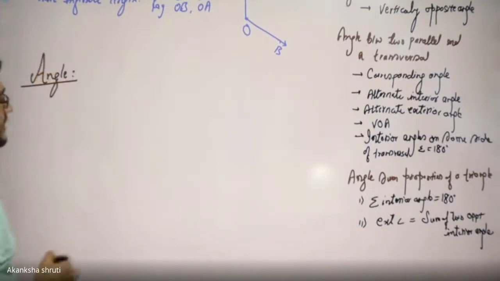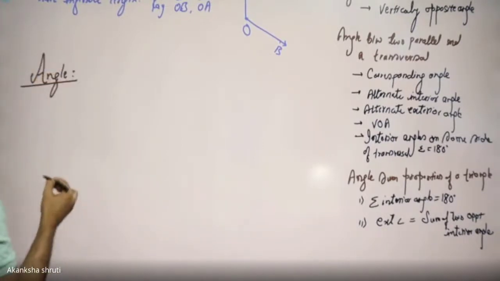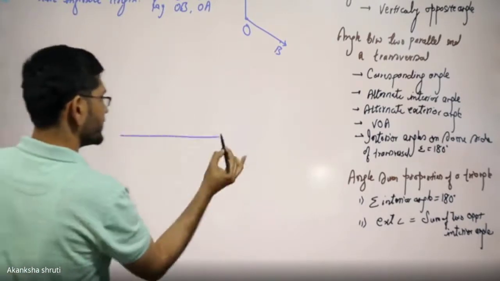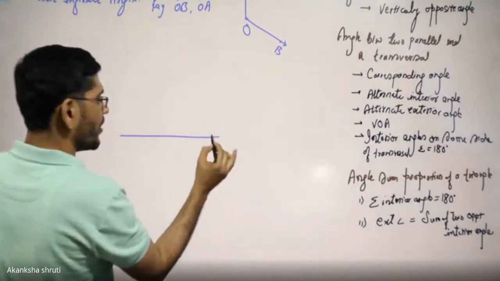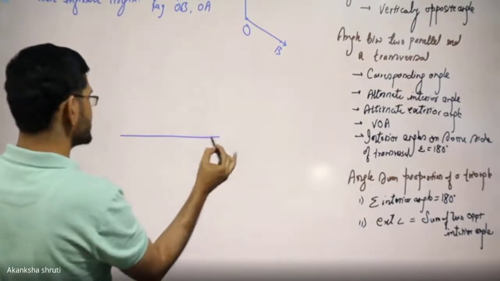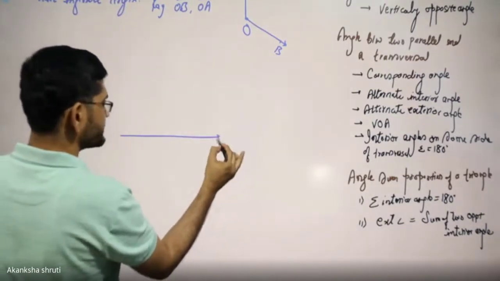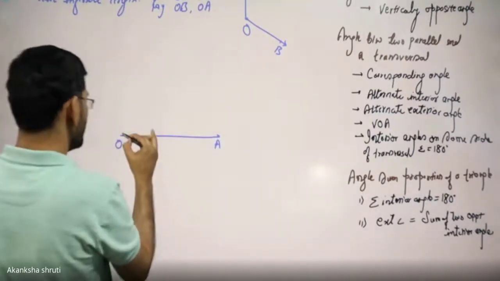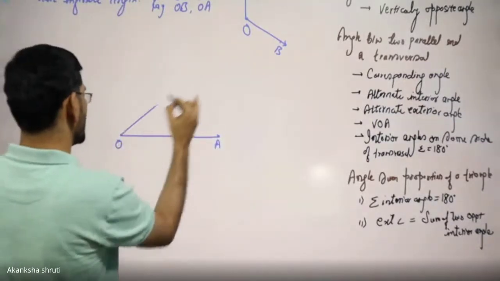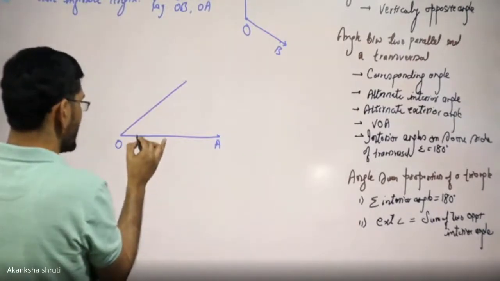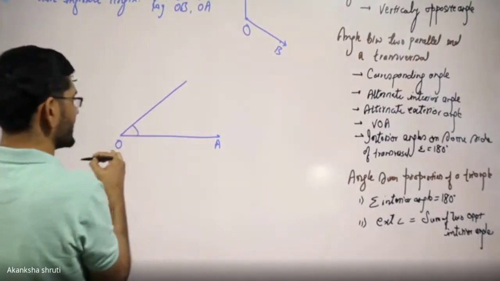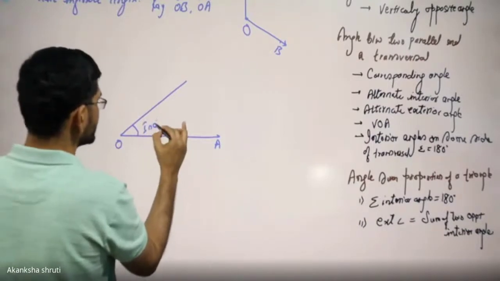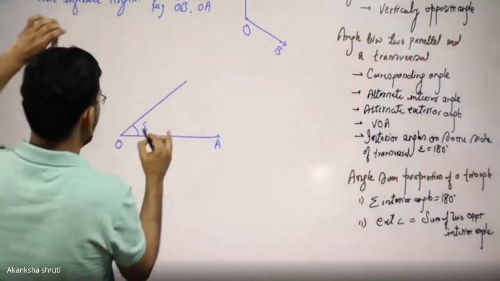Students, then our next one is angle. Angle simply means if we consider one ray or a line segment or a line, and with respect to this, there is any other line or line segment, then how these two are inclined, this inclination is called angle.